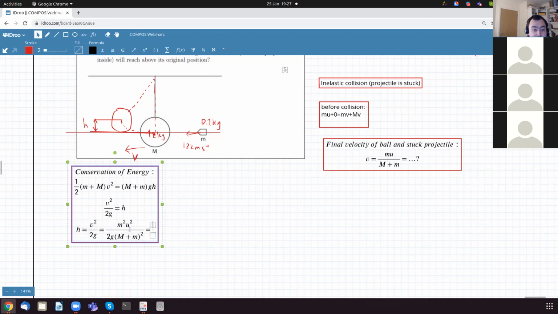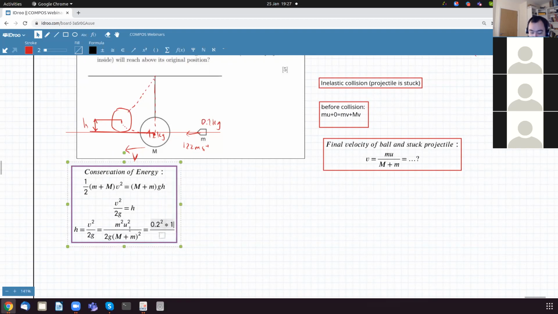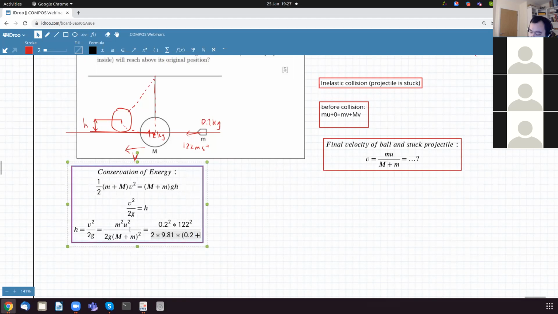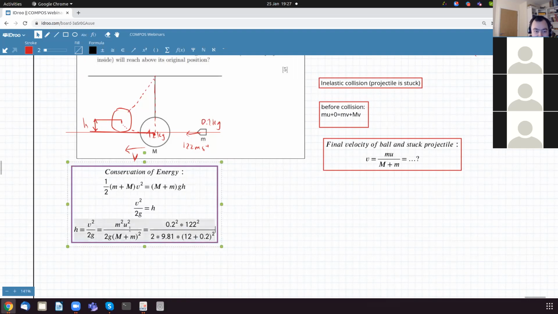m squared, this is the small m, so 0.2 squared, multiplied by u squared, which is 122 squared, divided by 2 times 9.81, and m plus m, which is 12 plus 0.2, squared. So you get 0.2 squared multiplied by 122 squared divided by 2 times 9.81 times 12.2 squared.